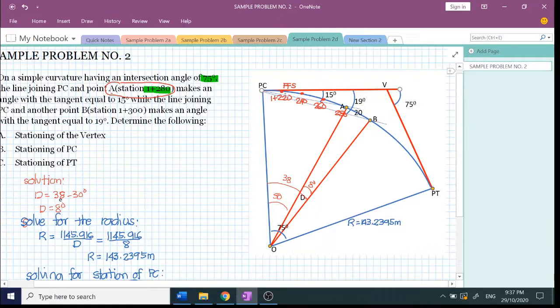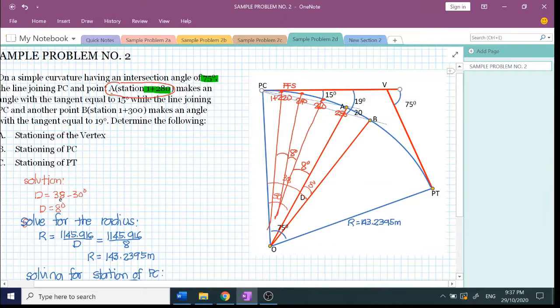And each of this line, itong bawat line na makikita natin, will be subtending an angle. May mga subtended angle ito. Ito ay 8 degrees, diba? Ito ay 8 degrees din.